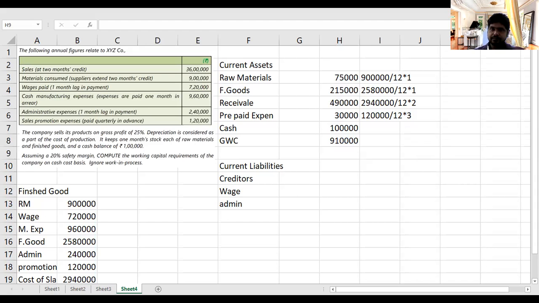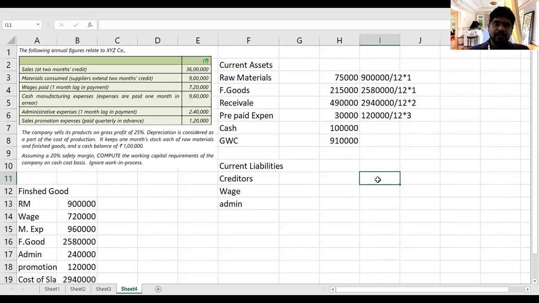And under the current liabilities, we have to calculate, yeah, then how much? Creditors arise when we purchase raw materials on credit basis, right?